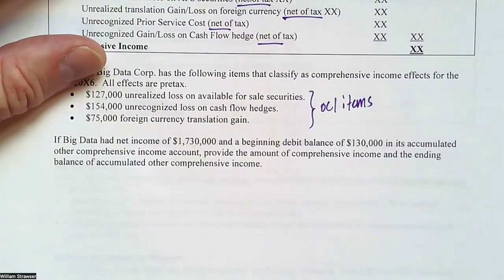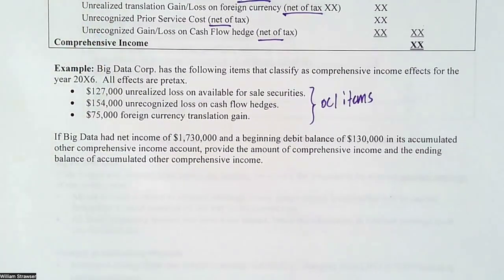If Big Data had net income of $1.73 million and a beginning debit balance of $130,000 in its accumulated other comprehensive income account, then we need to find the amount of comprehensive income and the ending balance of accumulated other comprehensive income.